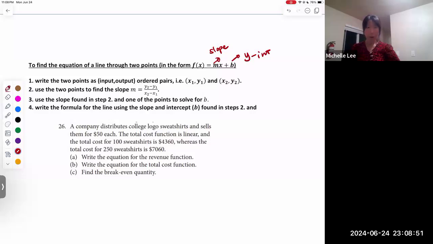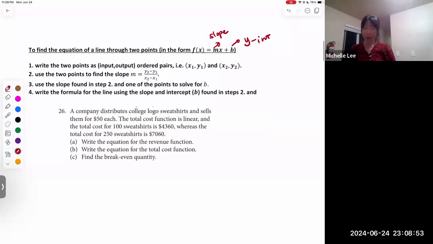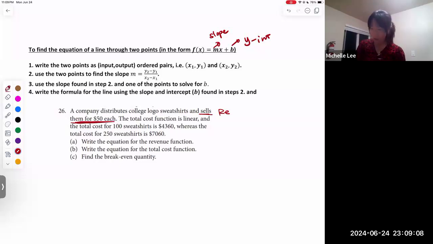Okay, now a company distributes college logo sweatshirts and sells them for $50 each. This is revenue.